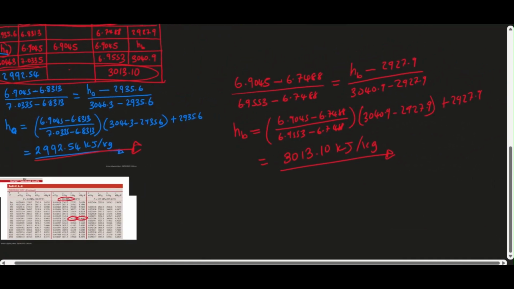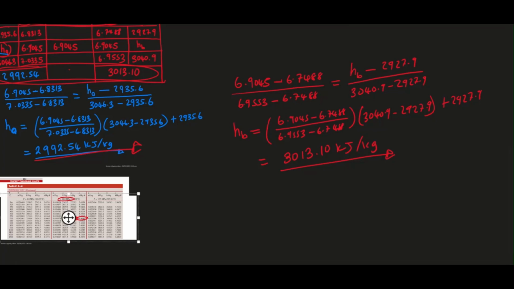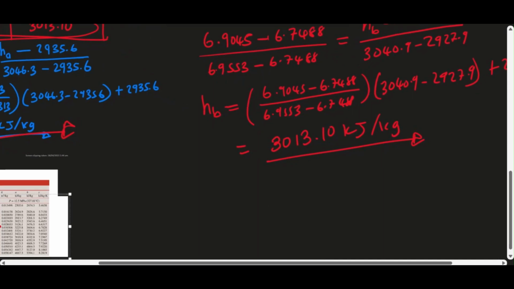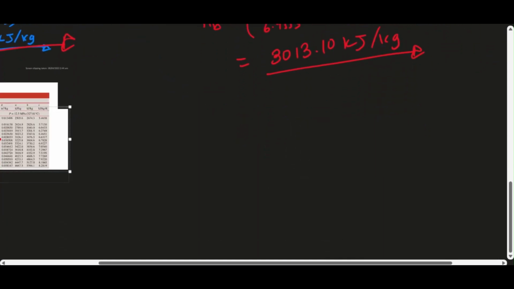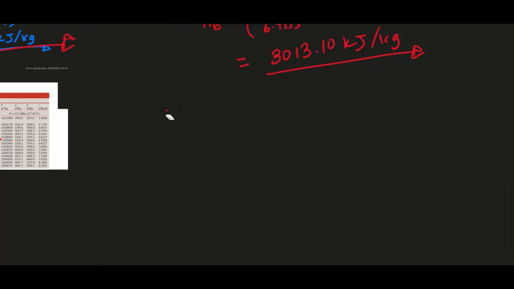So to interpolate between the two pressures, the pressure of interest is 1.3 minus the lower limit pressure, which is 1.2, divided by the higher limit pressure, 1.4 minus 1.2.